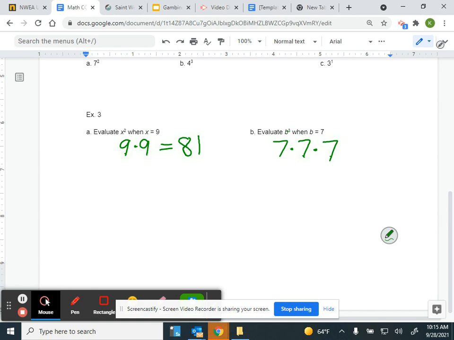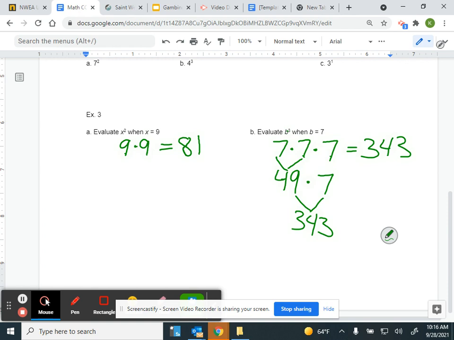Answer, Nolan. 343. Let's check Nolan's math. The first thing we're going to do is that first 7 times 7. We know from our previous question that was 49. 49 times 7, so 7 times 9 is 63, 7 times 4 is 28, and that would give us 343. Good job.